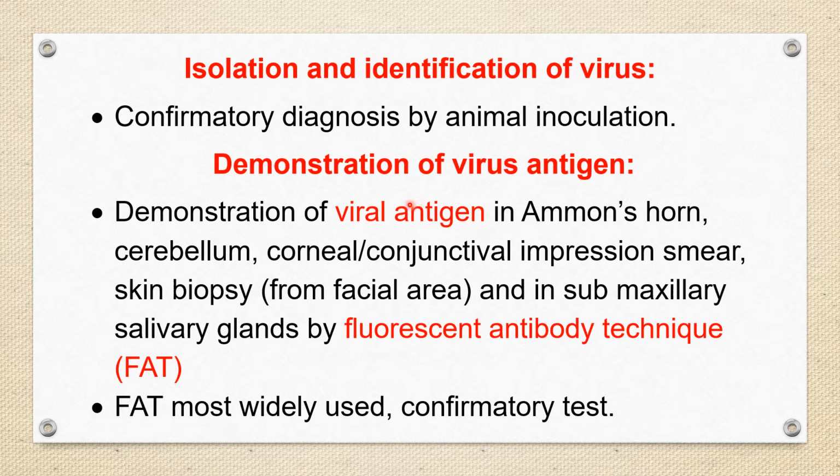Another diagnosis is demonstration of virus antigen in Ammon's horn of cerebellum, corneal or conjunctival impression smear from the living animal, or skin biopsy taken from the facial area of a living animal, and in the submaxillary salivary gland by the fluorescent antibody technique.